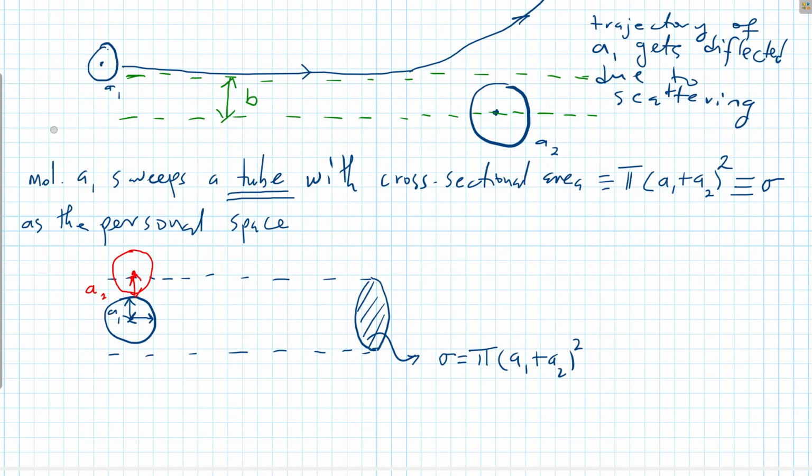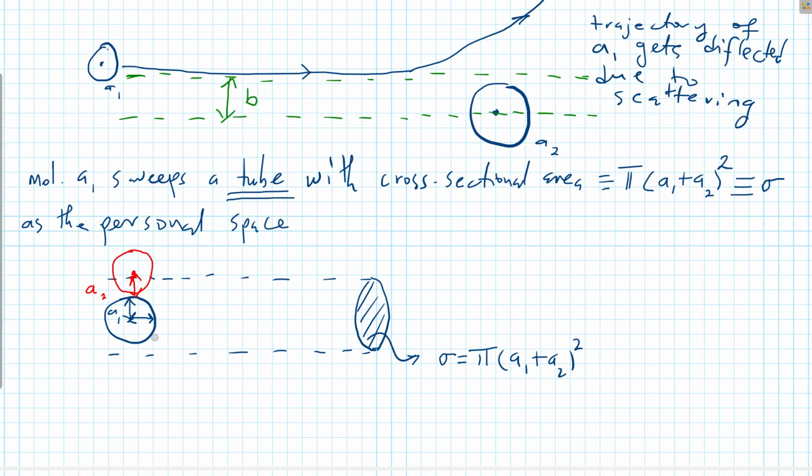We can consider some other molecules. So A1, as it is moving, because there are other molecules with radius A2, is going to have a personal space, which is this tube.